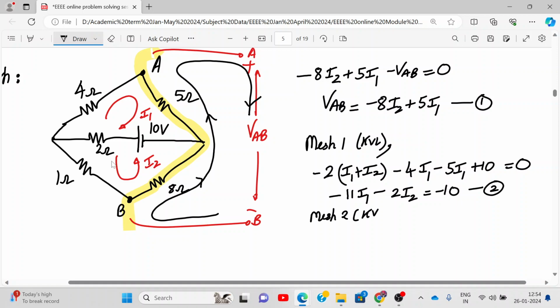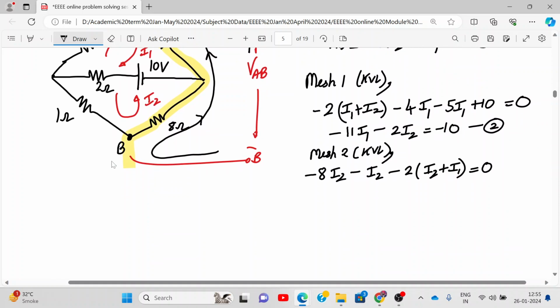Mesh 2 KVL. Tell me. Again, minus 8 I2 minus I2, then minus 2 I2 plus I1. Yes or no? So it will be minus 2 I1 then minus 11 I2 is equal to 0.